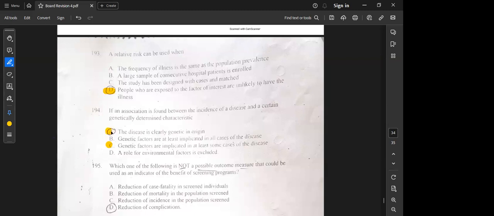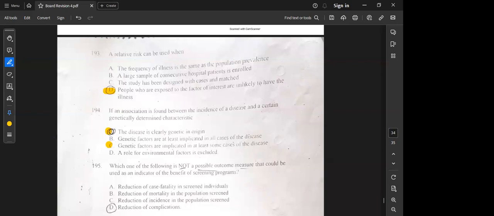But when we're talking about a relation between the incidence of the disease, the question is asking if there's an association between the incidence of a disease and a certain genetically determined characteristic, or it can be C because it's not always genetics.